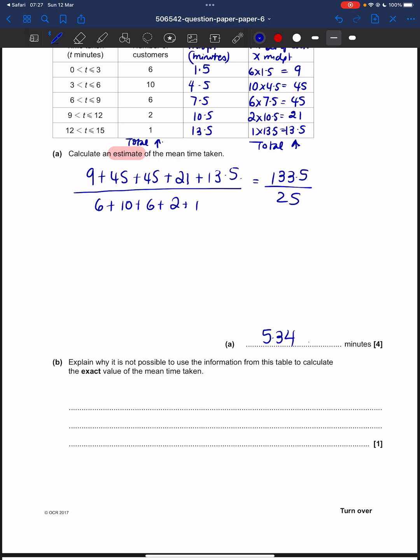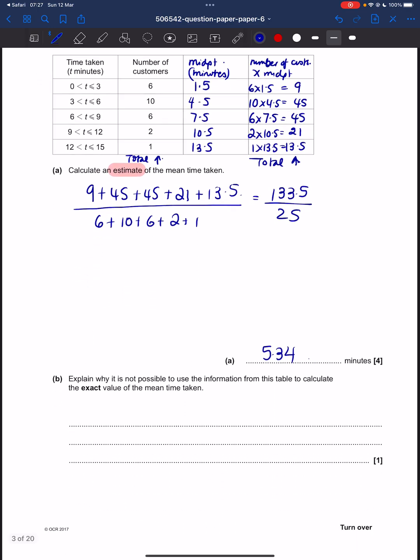So explain why it's not possible to use the information from the table to calculate the exact value of the mean. How to word this? We don't have the exact times taken by each customer.